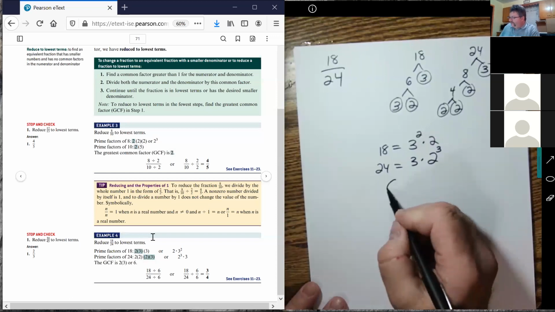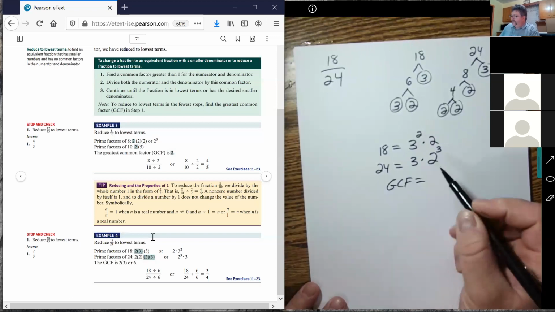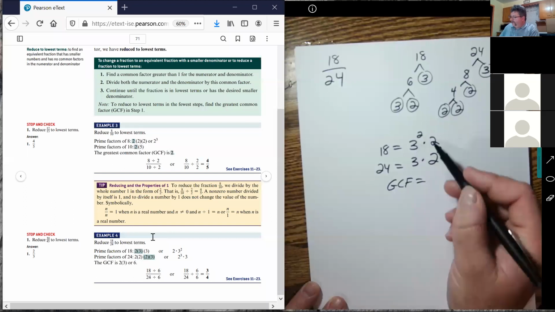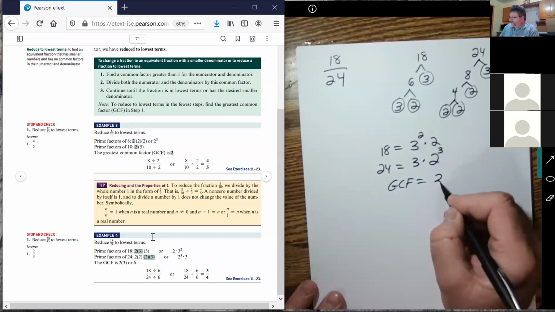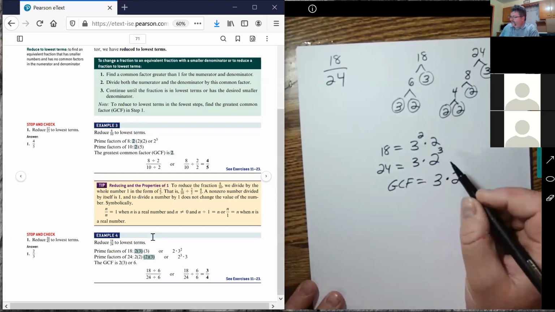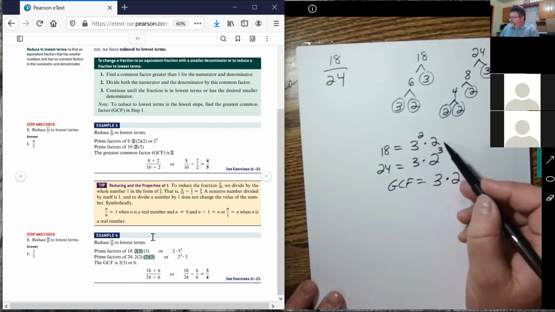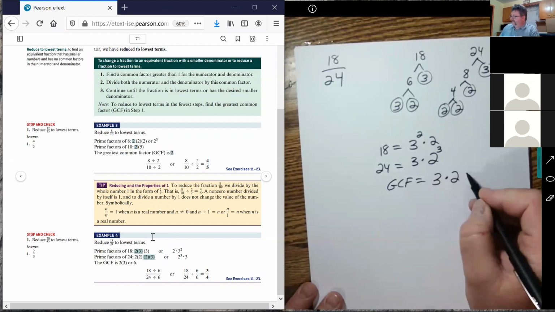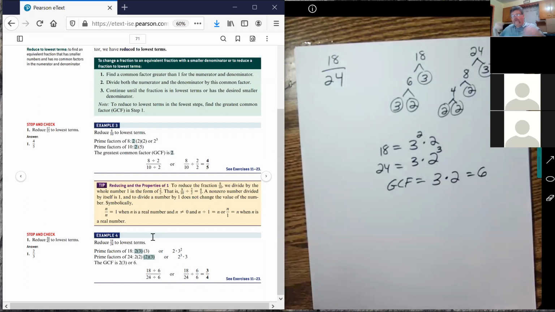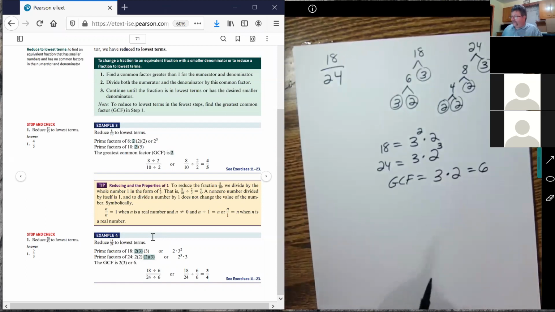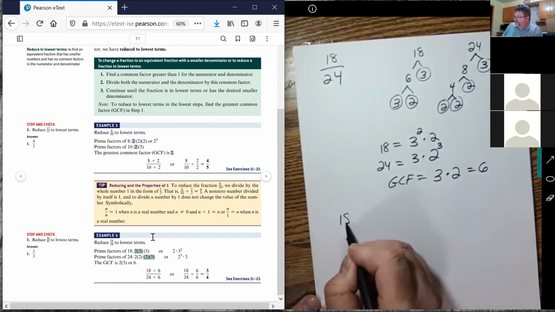So my greatest common factor is only the common ones. I have a common 3 and I have a common 2, so it's at least 3 times 2. But then I'm looking for smallest exponents, so it's 3 times 2, so it's a 6. And I'm sure you already knew there's a common 6 in an 18 and a 24, but here we've identified the greatest. There can be nothing else.